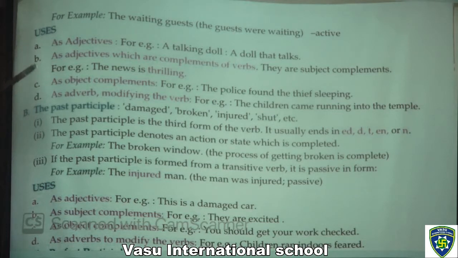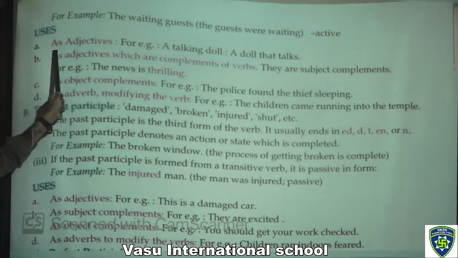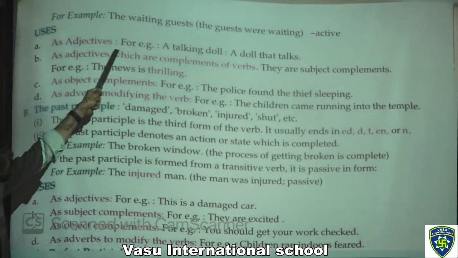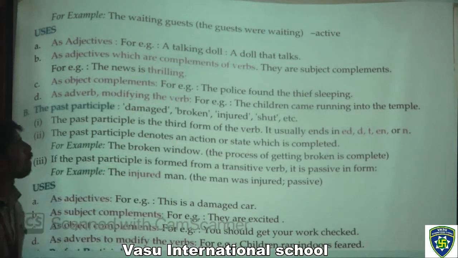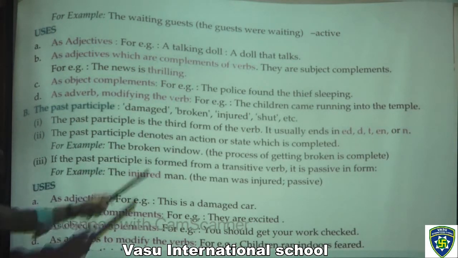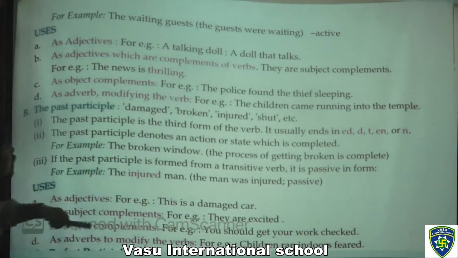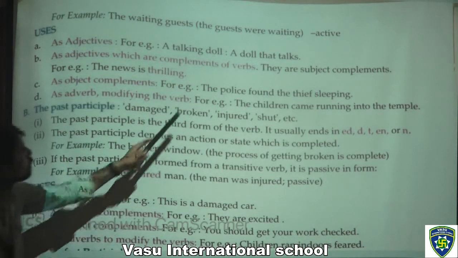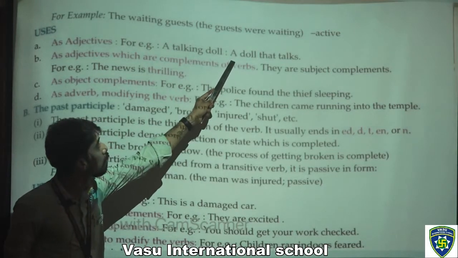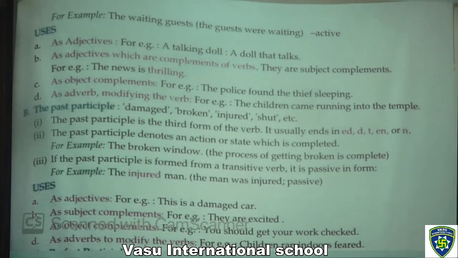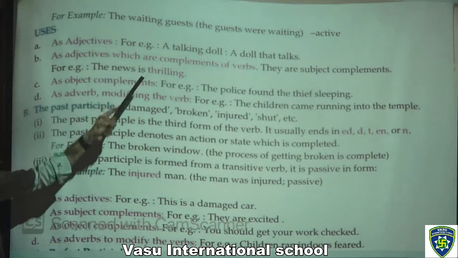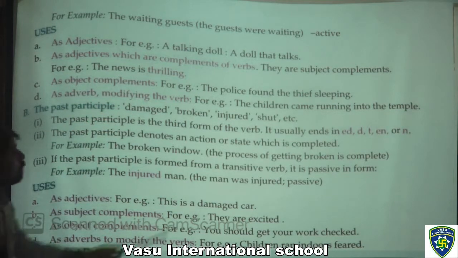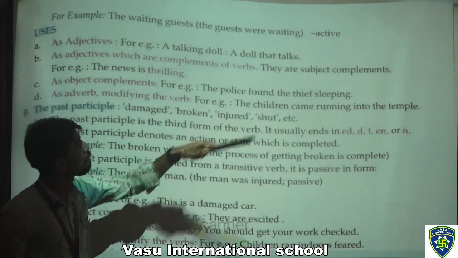Now what are the uses of this? As adjectives, for example, a talking doll, a doll that talks. Now this is a phrase, we can call it a phrase, and clauses we can say that. So full sentences like this, we can form. A doll that talks. As adjectives which are complements of verbs, how can we form that? They are subject complements.